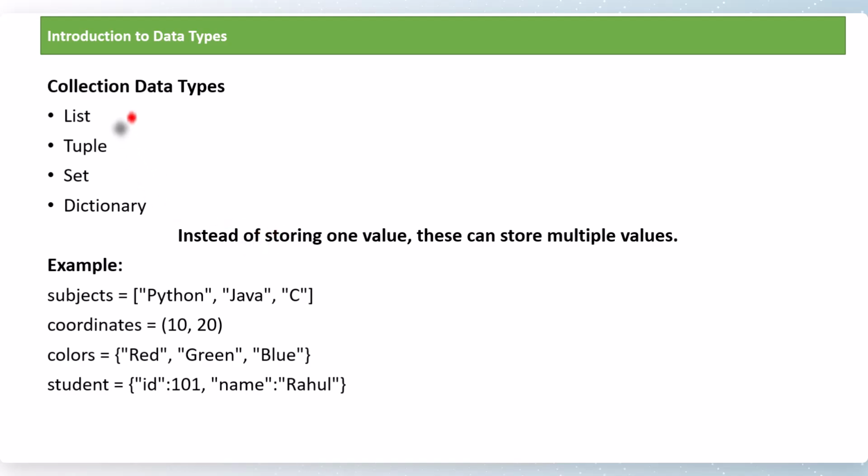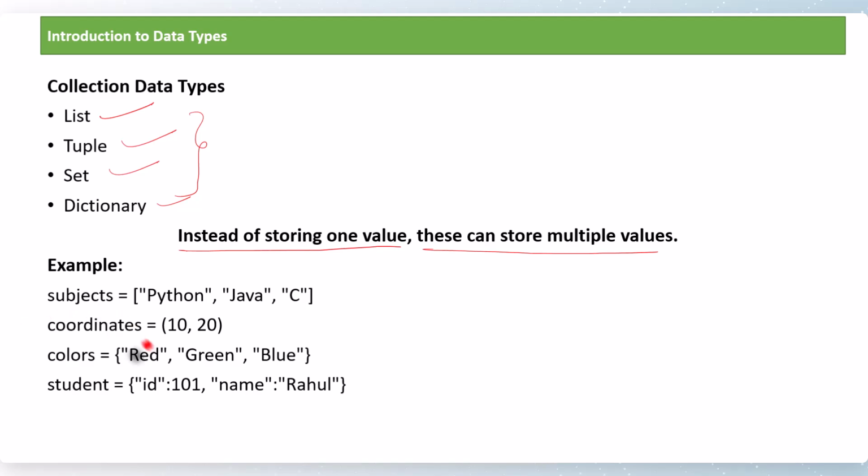Then we have the second type, collection data types. Instead of storing a single value, these data types can store multiple values. Some of the examples are list, tuple, set, dictionary. In some programming tutorials, these collection data types are also called data structures.